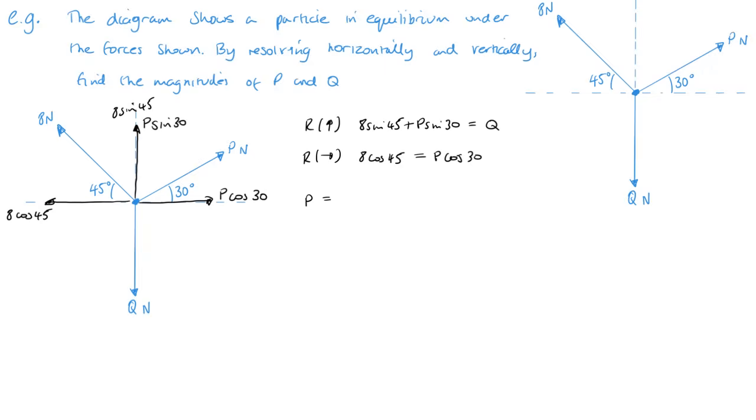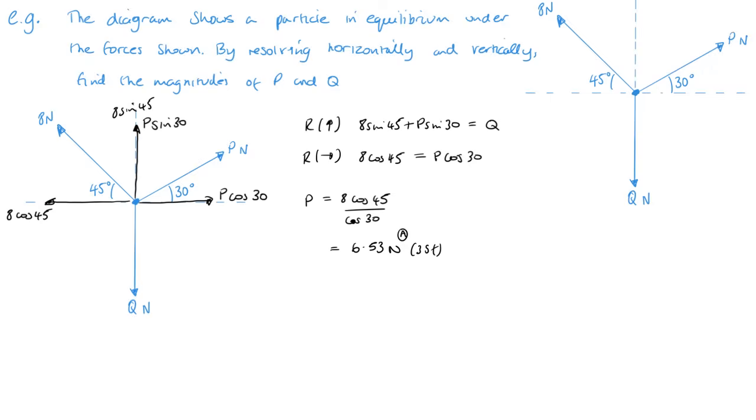So P equals 8 cos 45 divided by cos 30, and that is 6.53 newtons to 3 significant figures. I will store that as A, so I can use the full answer in my next step.